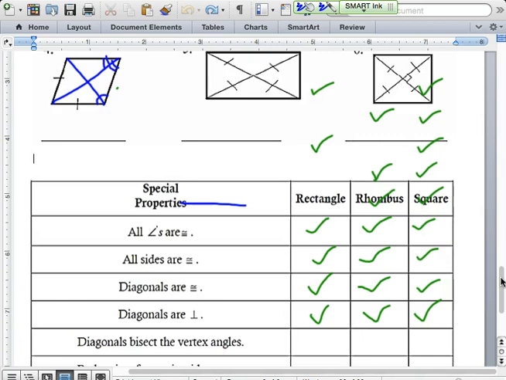That is true for rhombi and for squares, but as you can see, this rectangle right here, this angle is a lot smaller than this angle. So this diagonal right here does not bisect this upper left angle. It does though for squares and rhombi.